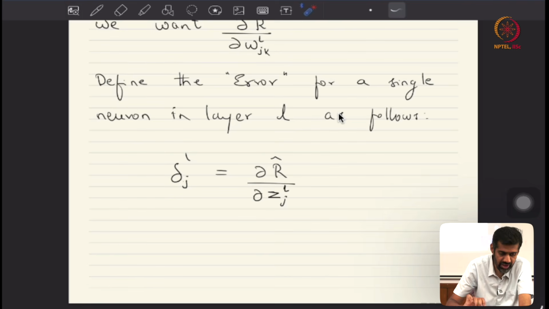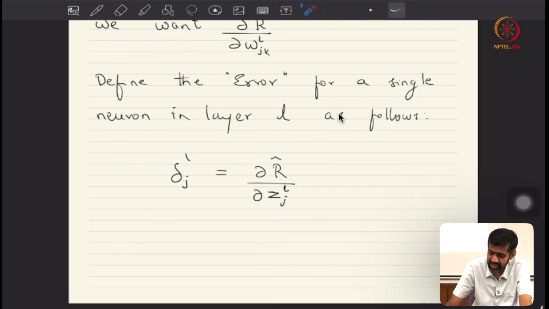Okay. So let us do the algebra. This is a very important variable, the derivative of the empirical risk R cap with respect to the pre-activation of the neuron J at layer L. Is that all right? Okay.